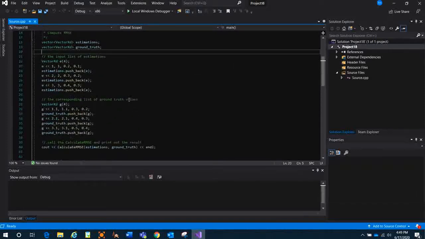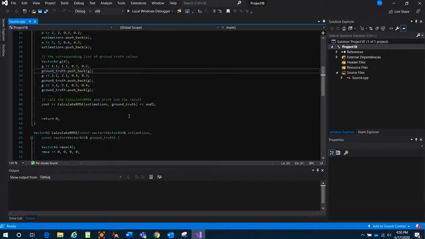For example, we have the estimation right here, and here is the ground truth, the real vector.